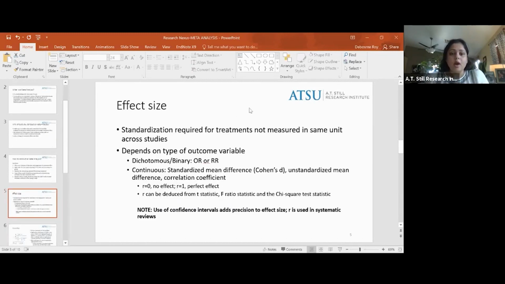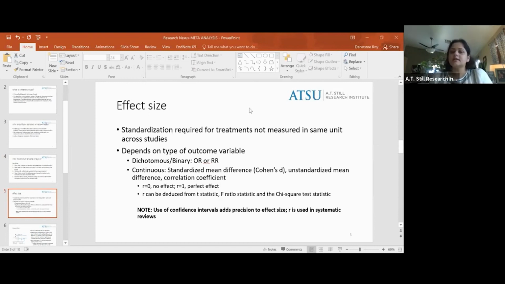So what are effect sizes? Effect size is basically unique to meta-analysis. It's a standardization required for treatments not measured in the same unit across studies. Although, to be fair, the effect size can be the outcome if your outcome estimate is the same.